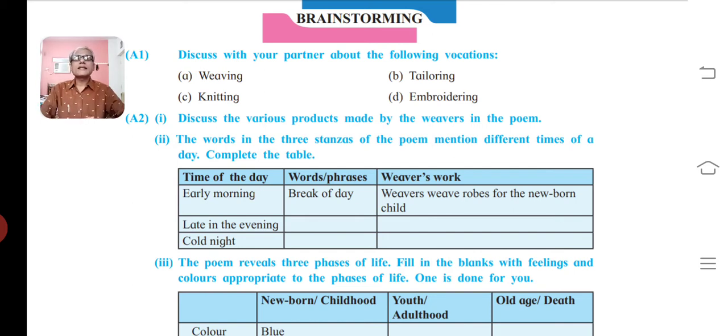First one, that is A. Weaving. India has a rich heritage of weaving. In India, handloom weaving is the second largest occupation next to agriculture. Each region of India has its own typical yarn, style and fabric.